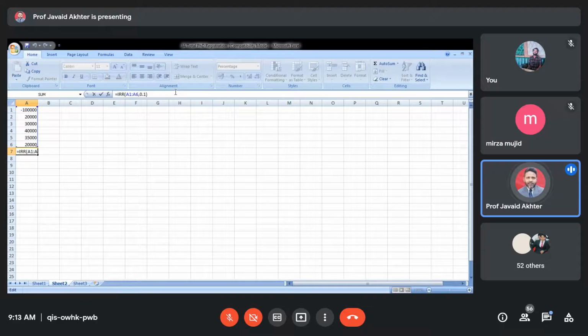I am placing the cursor in the formula bar. What formula do you see? It is equal to IRR of A1 to A6, that is the range, and after the comma you provide a guess, 0.1, 0.2, any figure you provide, it will return the IRR.